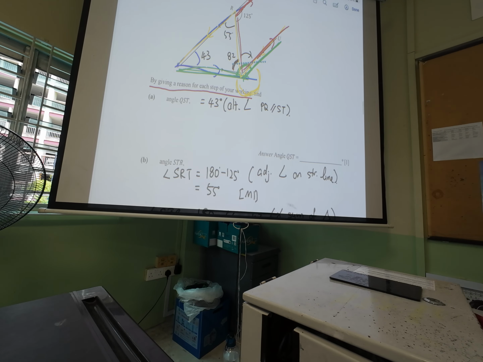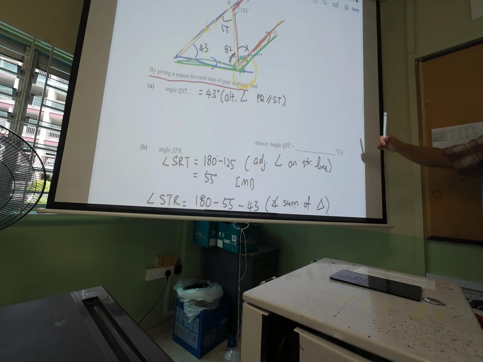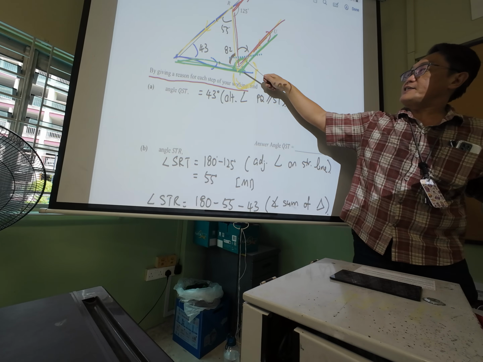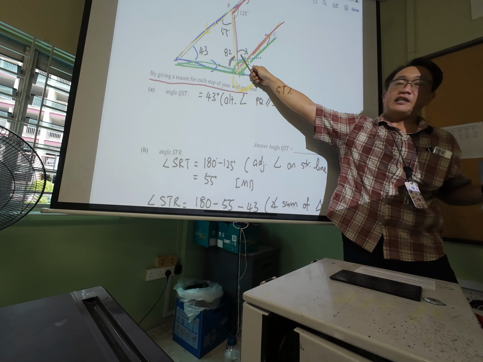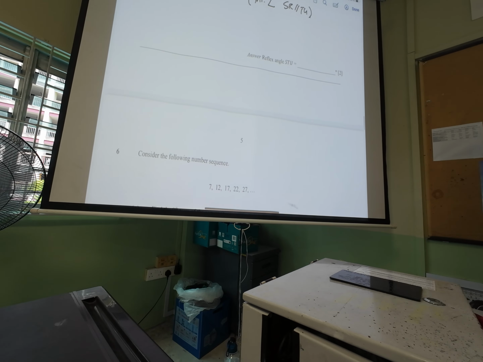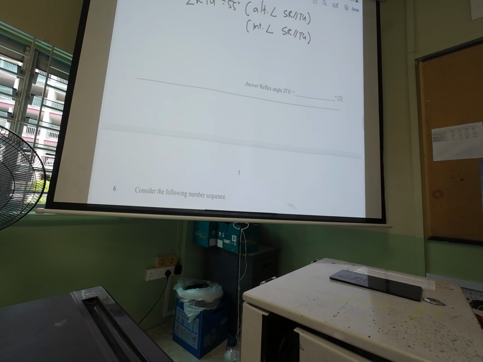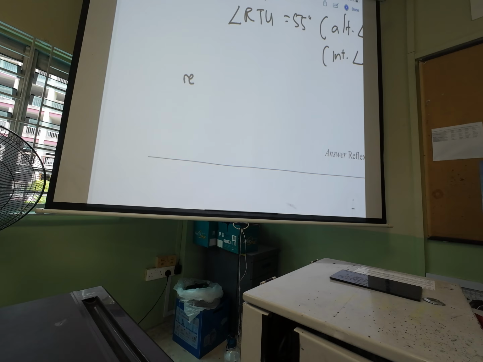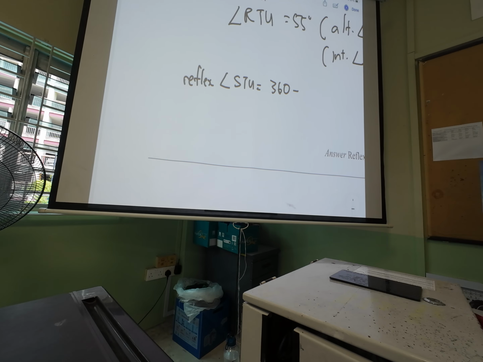Okay? Then this is 55. This is one whole circle. So the reflex angle is 360 minus 82 minus 55. 360 minus 55 minus 82.